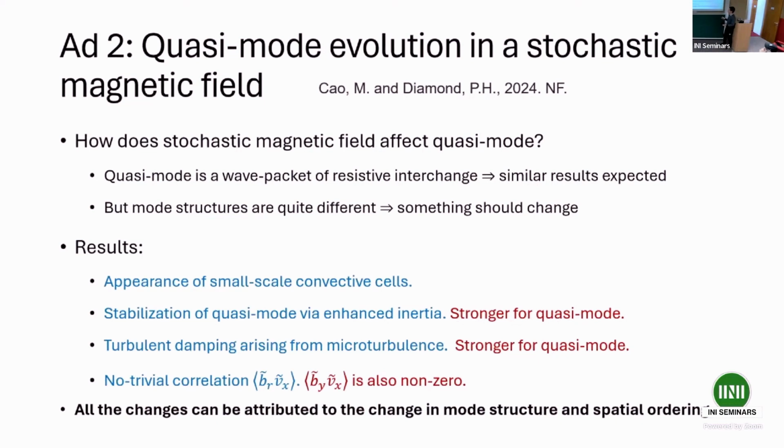However, because of the change in the mode structure, the stabilization of the quasi-mode is much stronger compared to the resistive interchange, and the turbulence damping is stronger, and the B tilde y, v tilde correlation enters our system, which is also non-zero. All of these changes can be attributed to the change in mode structure and the spatial ordering.